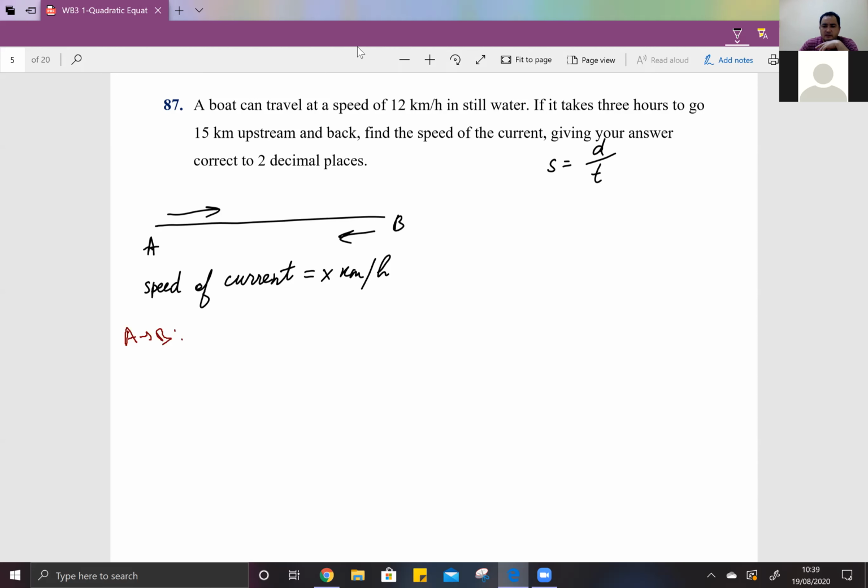The distance, traveling A to B, what is the speed of the boat? And that's upstream, that is against the current, right? So the distance is 15. 15 equals. Oh, 15, not 12.